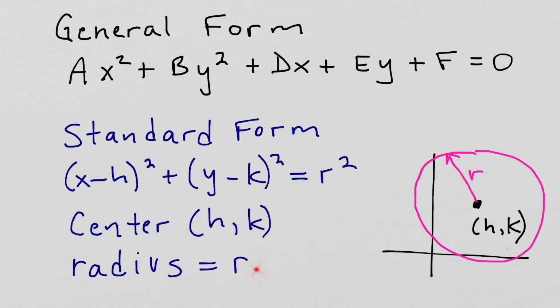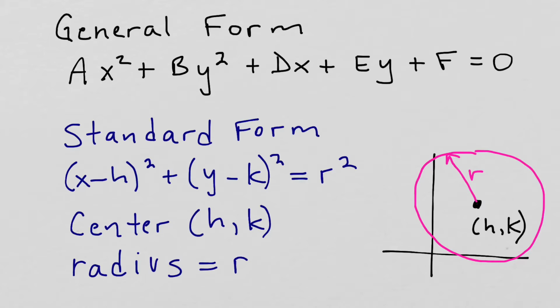And this standard form is easily graphed, so it's another reason why we want to see this standard form of the equation. We take our coordinate pair for the center and plot a dot representing the center of the circle. And then we go out in our units in all directions, and we're able to draw in our circle.